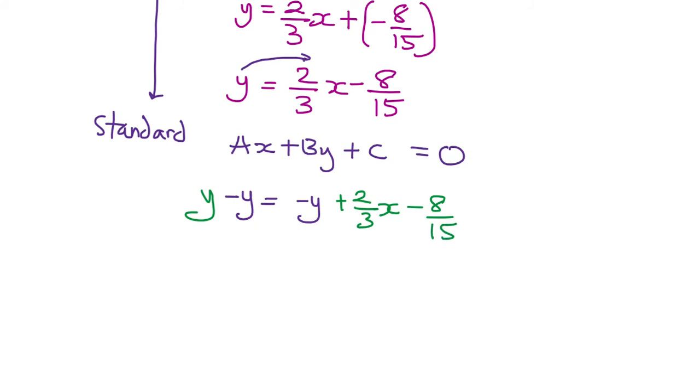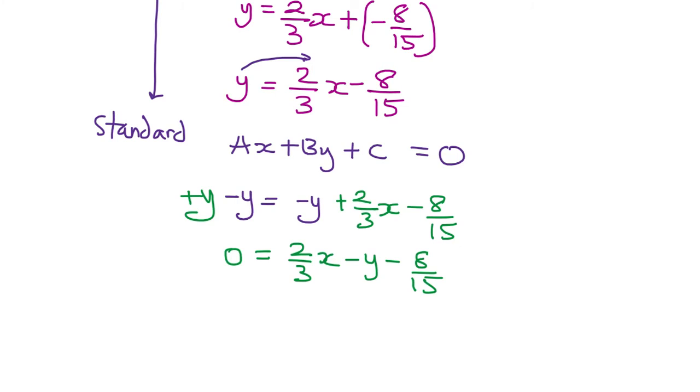So positive y minus y will give you 0. So we've gotten that out of the way, and the other side we have 2/3x minus y minus 8/15.